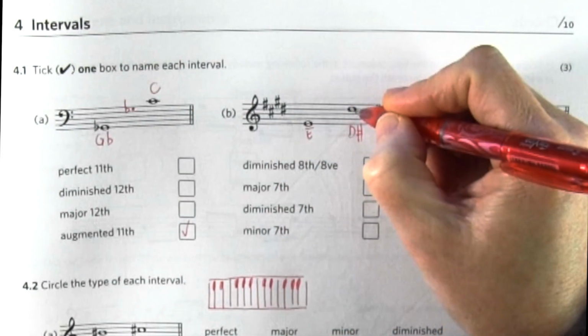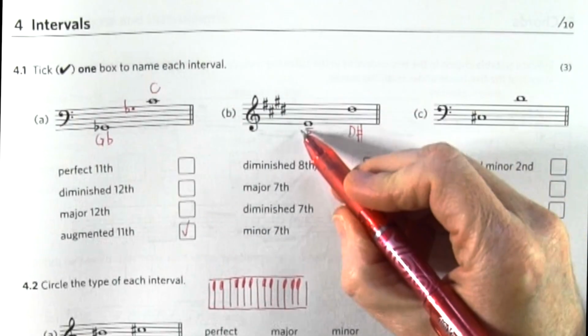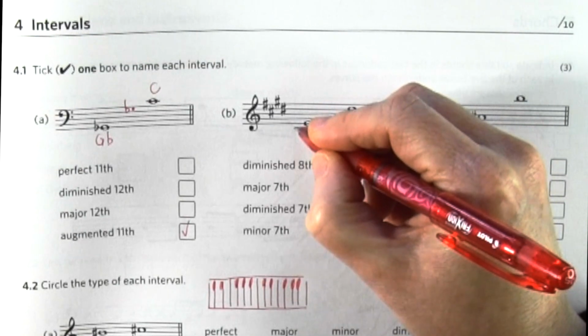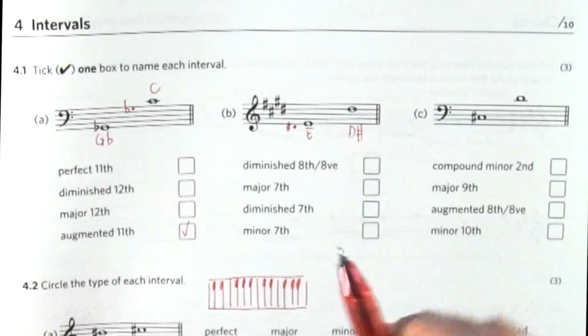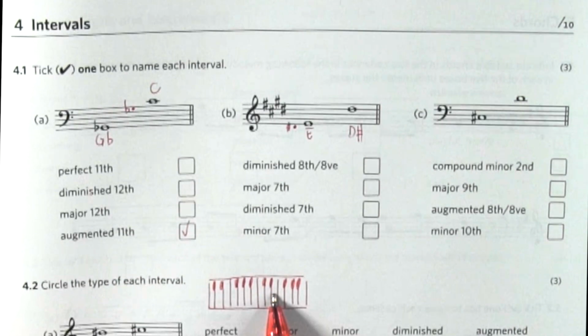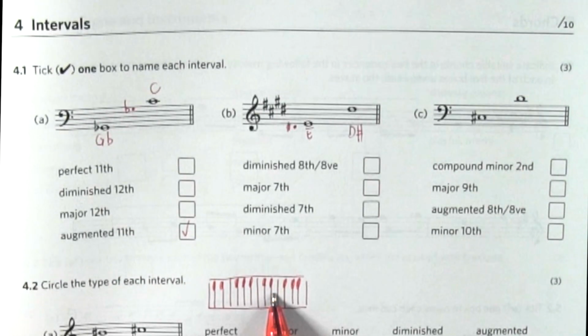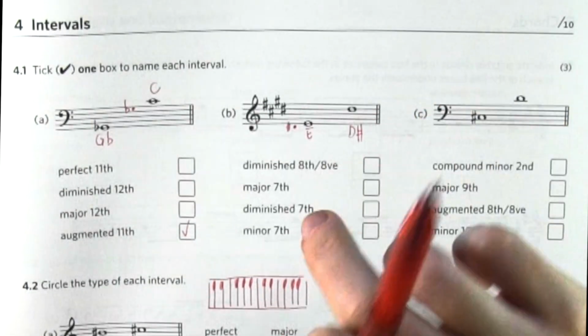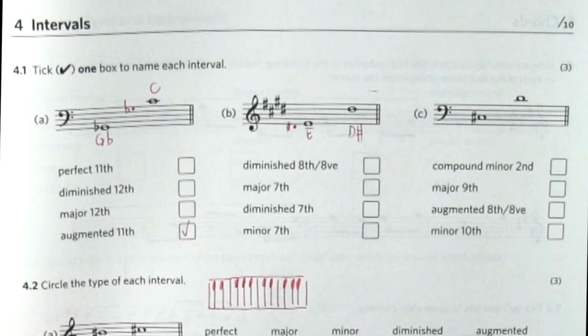So we can either put the second note down or this one up. I don't mind, it's the same. So D sharp, D sharp E is a minor 2nd because it's a semitone, not a tone. So a minor 2nd flipped over again, so reversed, is a major 7th. So this is a major 7th.